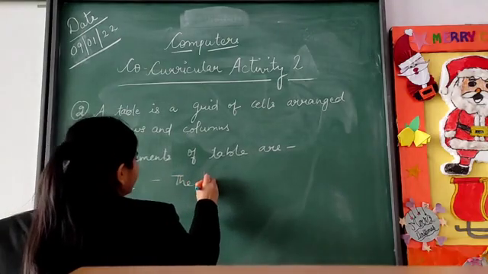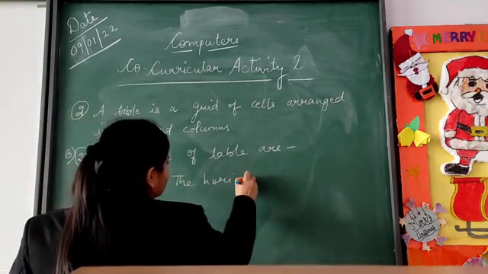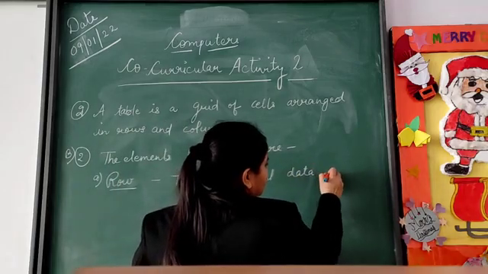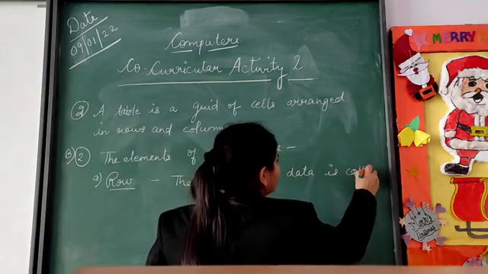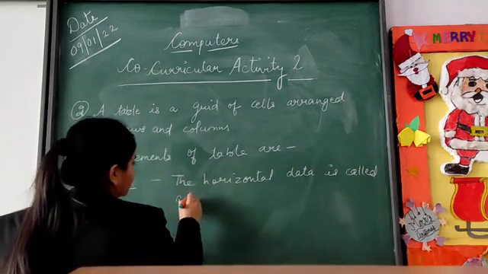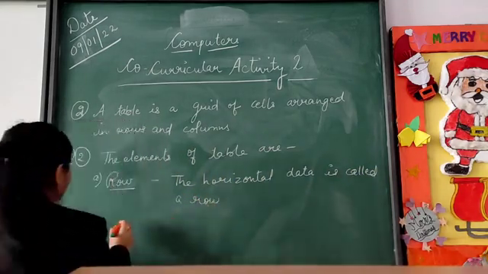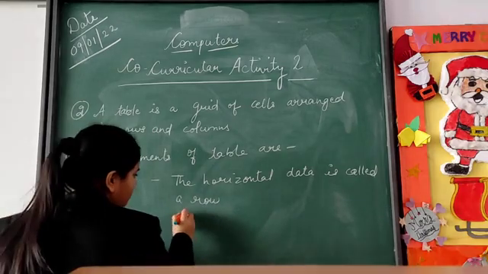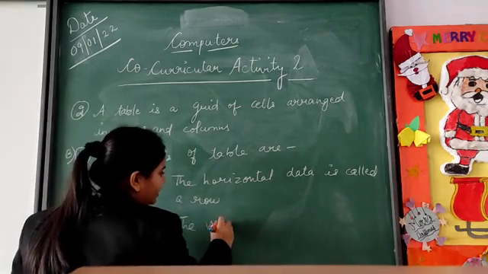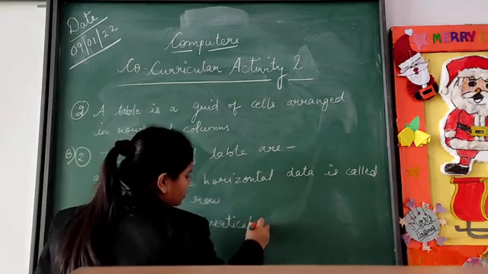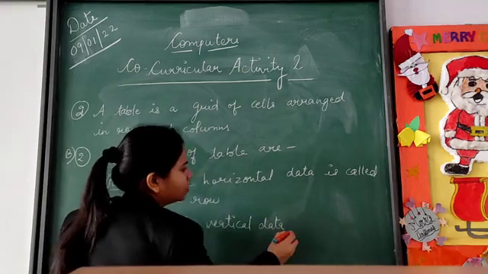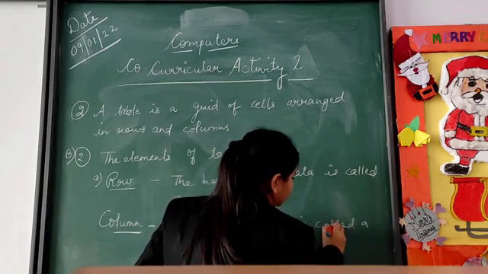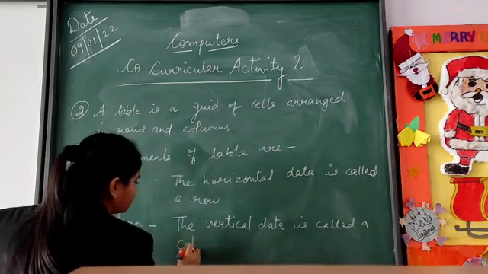The horizontal data is called a row. Then column, the vertical data is called a column.